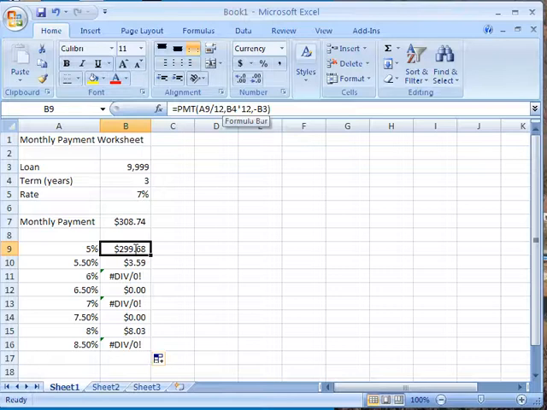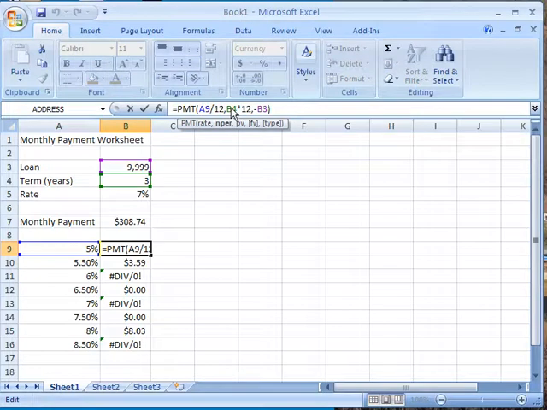What happened is the idea of relative addressing. As we copied it down, it kept the same format of 4 away and 3 away, and it just kept copying that down. We know from Chapter 3 that we need to use absolute addressing for this to change. So, clicking in the formula, we know that the A9 changing to A10, etc. was okay, but the B4 needs to stay locked down at B4.